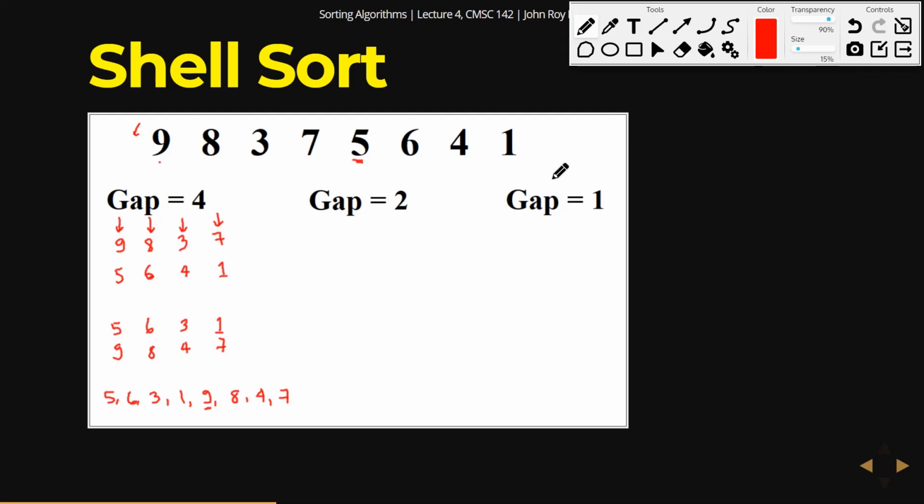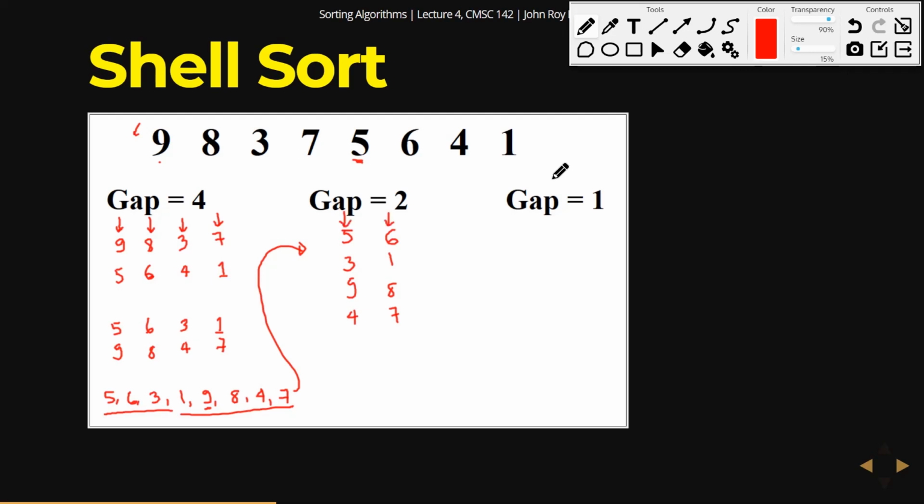Okay. Now, next, we'll use this new array, and then we'll use gap is equal to 2. So now, we'll only have 2 columns. So that we'll have 5, 6, 3, 1, 9, 8, 4, 7. Okay, so this one was used here in gap 2. And then we'll sort each column again.